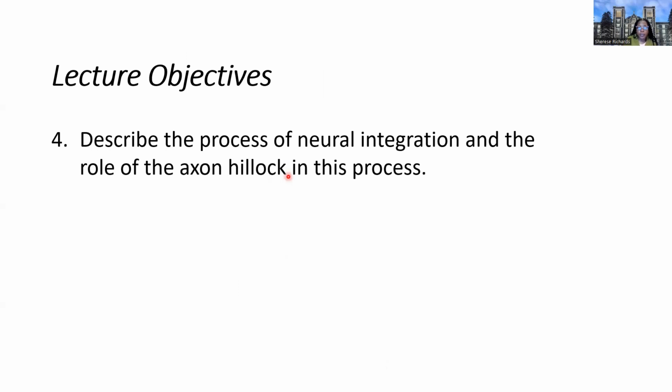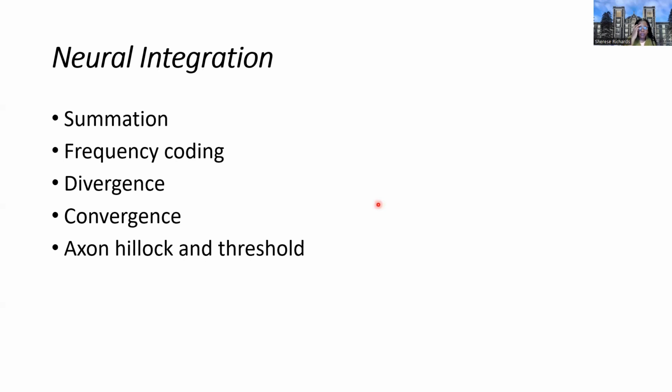On to our fourth objective, which is to describe the process of neural integration and the role of the axon hillock. How does the axon hillock come into play? Some of the terms and concepts we're going to describe are summation. We've looked at summation a bit earlier. Frequency coding, and frequency coding just means that we're using the frequency of action potentials to code for different types of signals.